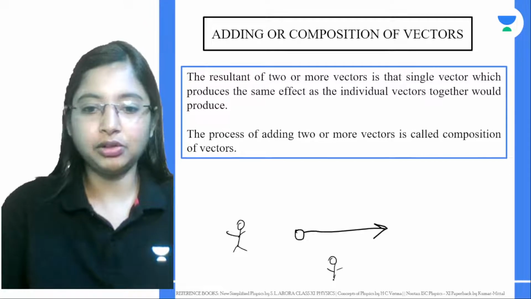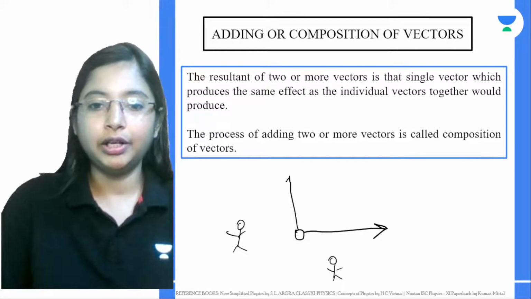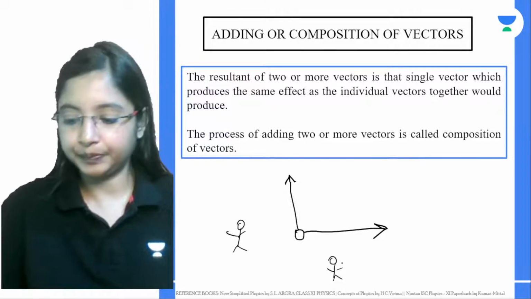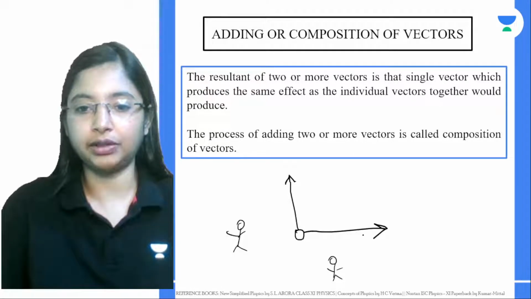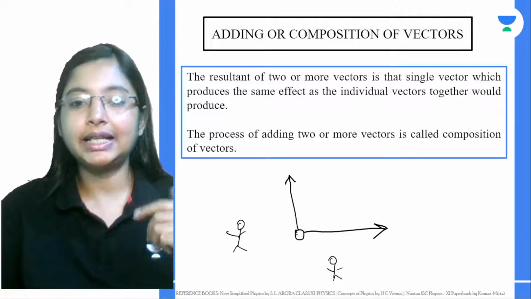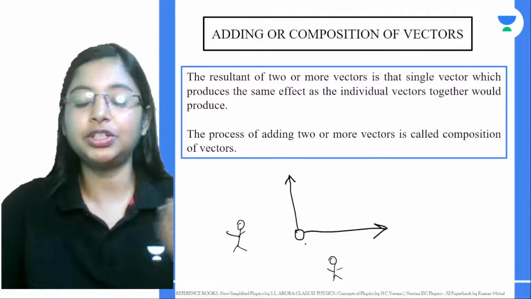Your friend also hits it, and both of you land the shot. So this particular marble gets two different kinds of forces. What will be the result? What will be the final effect? In which direction will this move?